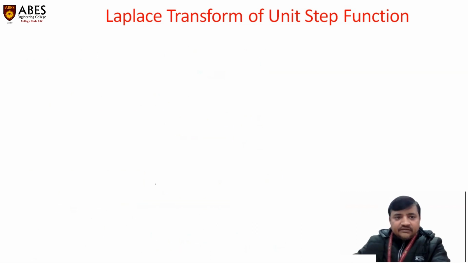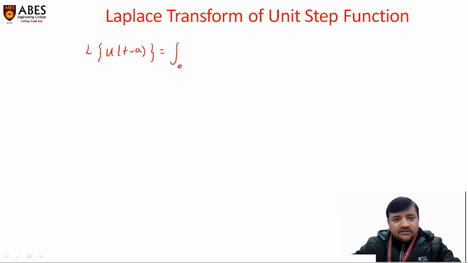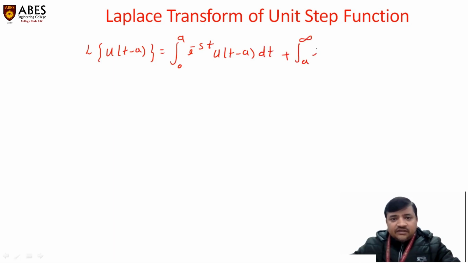So we'll be getting Laplace transform of u(t minus a) equals integral 0 to a e to the power minus st u(t minus a) dt plus integral a to infinity e to the power minus st u(t minus a) dt.